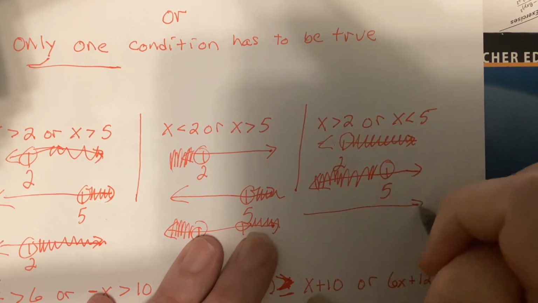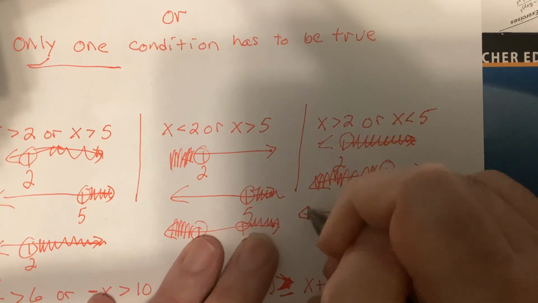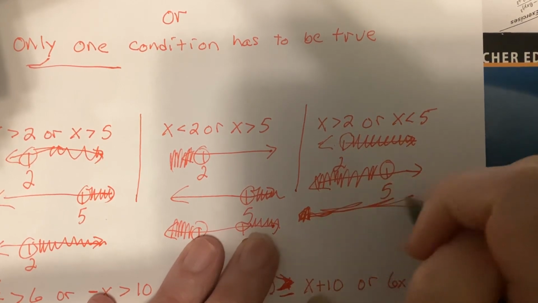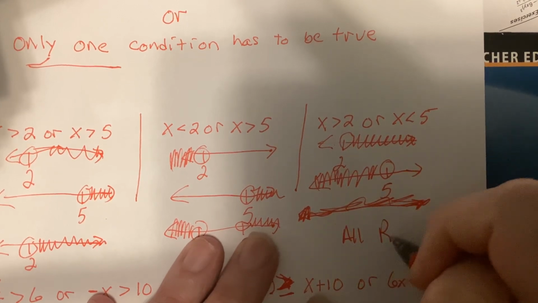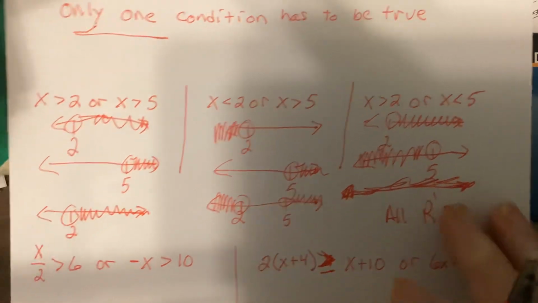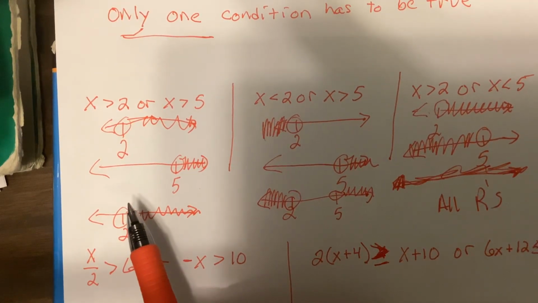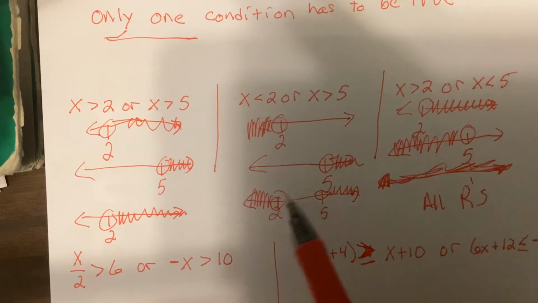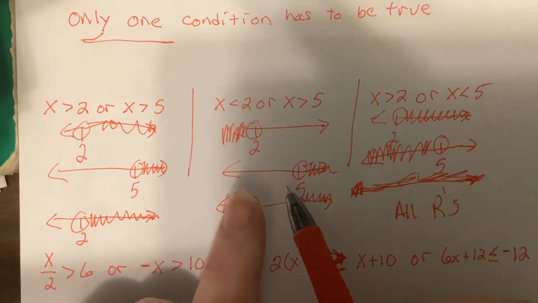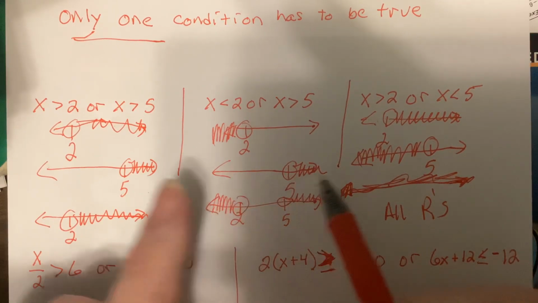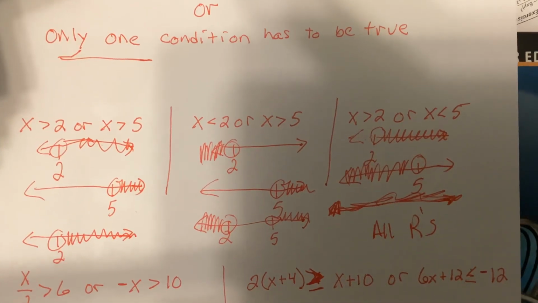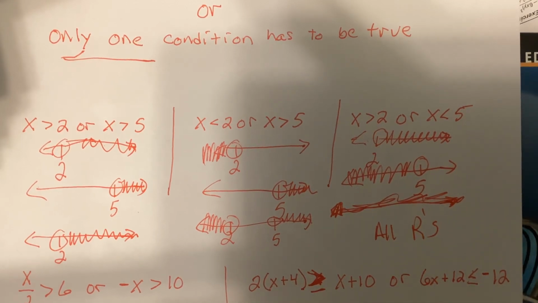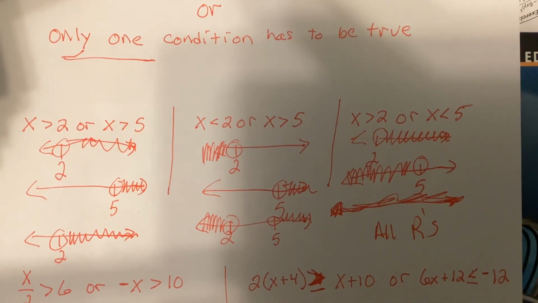So when you put them together, everything is shaded. So you'd have all reals. So either it's the longer one when it's going the same direction, or you got a little hole in the middle, but most is shaded, or everything is shaded. That's the only thing that can happen when you're doing the or.